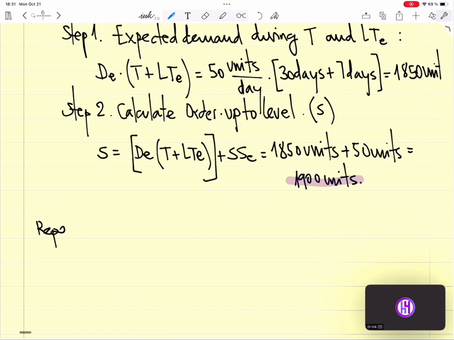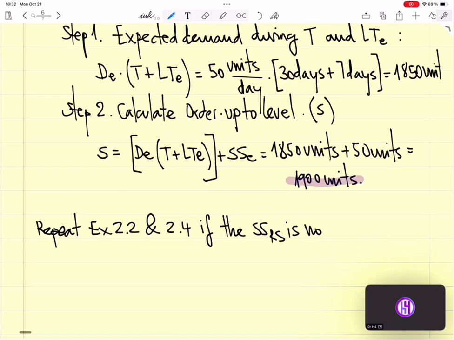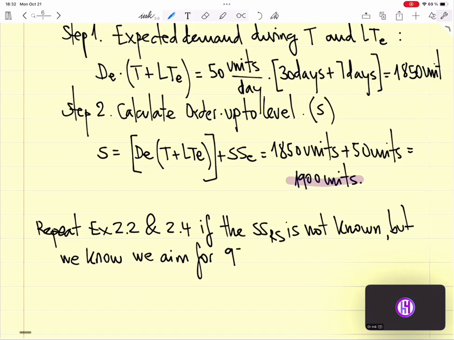Repeat exercise 2.2 and 2.4, if the safety stock at the retail store is not known, but we know we aim for 95% safety.